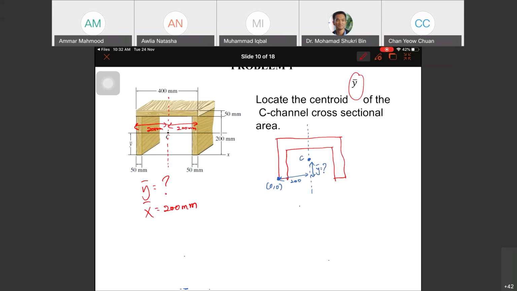So we measure the whole thing A minus the small one, B. So we make a column or table, which is segment.